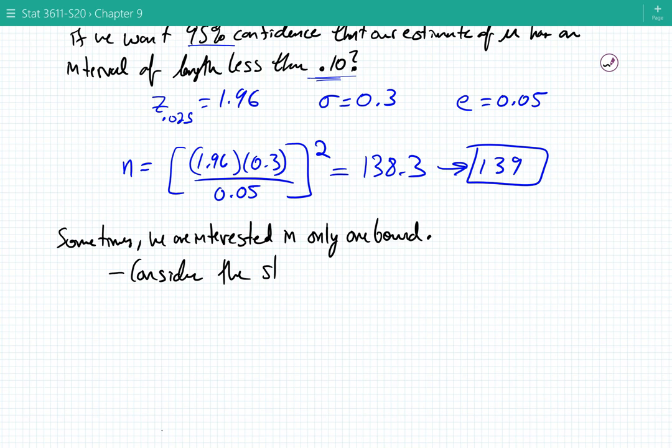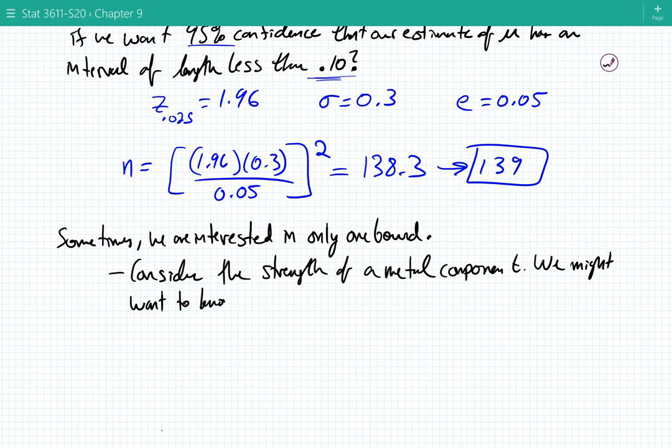So consider the strength of a metal component. We might want to know an upper bound, but not care about the lower bound.